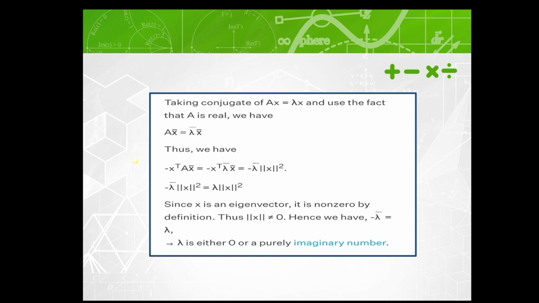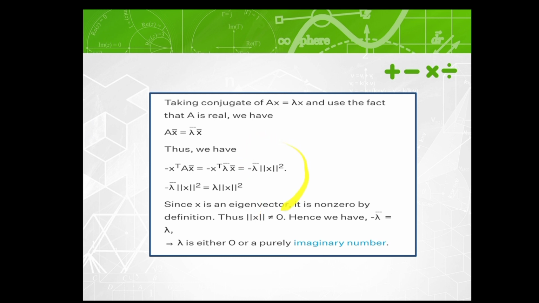Thus we have minus x bar transpose A x. As these are vectors, we should use the vector dot product, not normal multiplication. Minus x bar transpose A x bar is equal to minus x bar transpose lambda bar x bar, which is equal to minus lambda bar modulus x whole square.